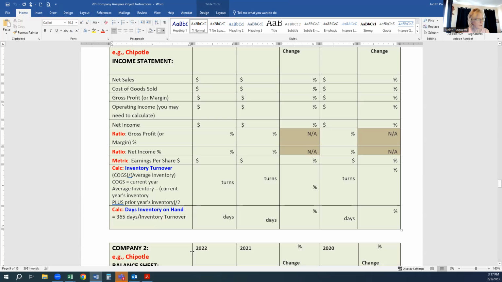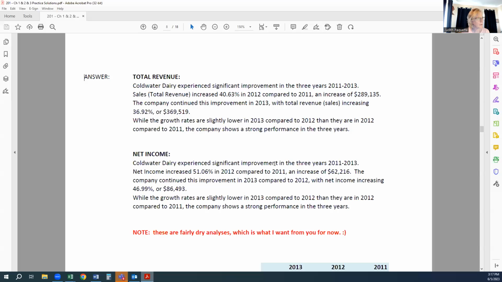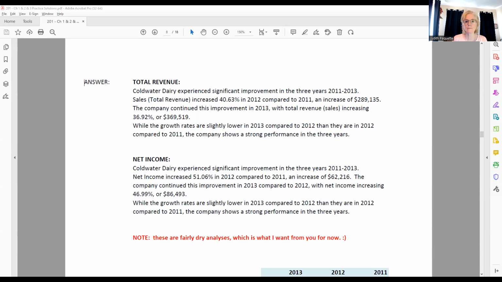So let's look at a writing sample. We are looking at practice exam 1.